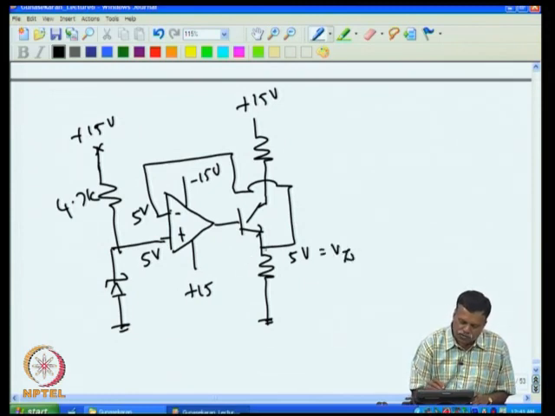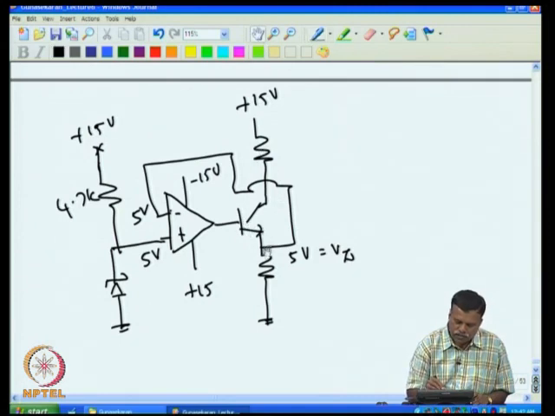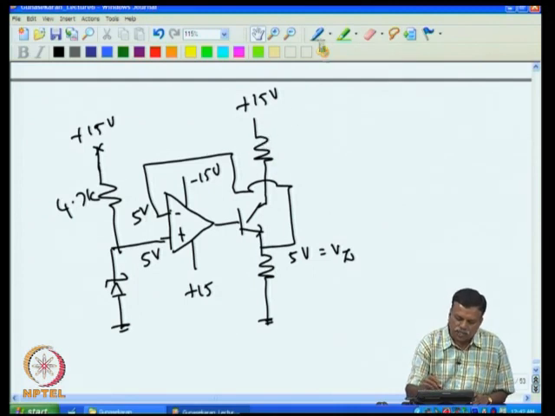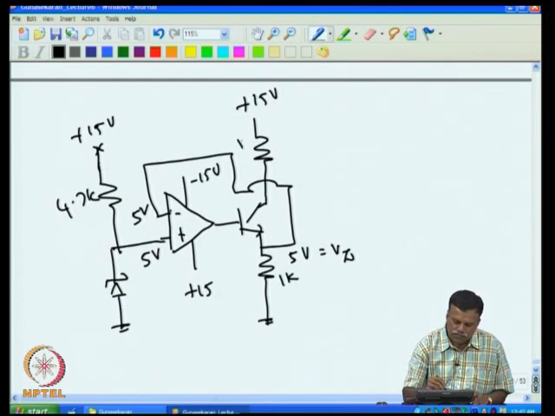If I assume that the current flowing through this is the same as the current flowing through this, and the base current is negligible, then the current flowing through this is the same as this. If this resistance is equal to this resistance, then the voltage across this will be equal to the voltage across this. So if this is 5 volt, then automatically the voltage across this also will be 5 volt. So all that I do is, if I have kept here 1k, then I also keep here 1k.